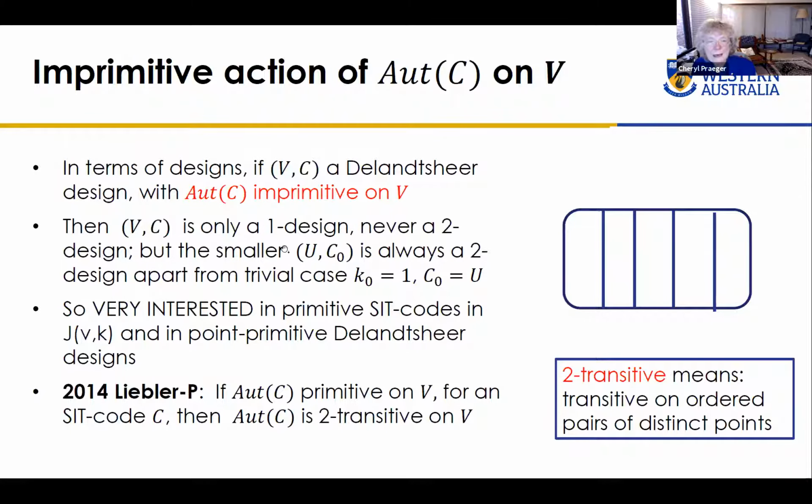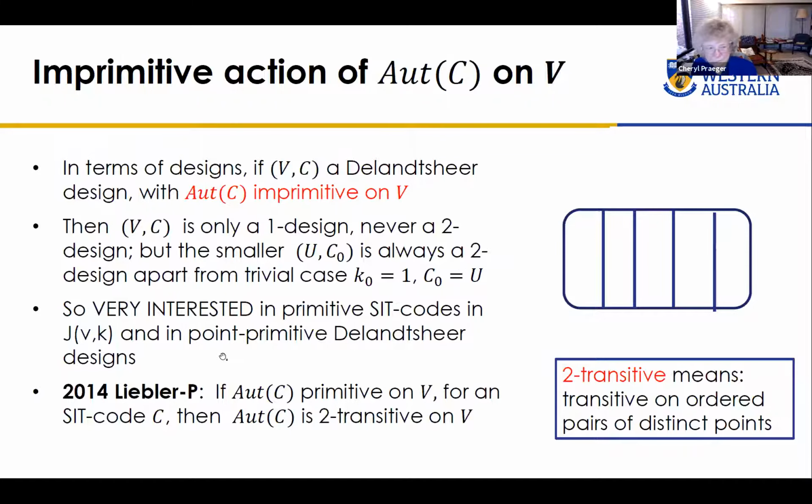But the smaller design, if we replace V by the partition U and C by the smaller code C0, that is always a two design, apart from a trivial case where the code words in C0 have just got size 1.